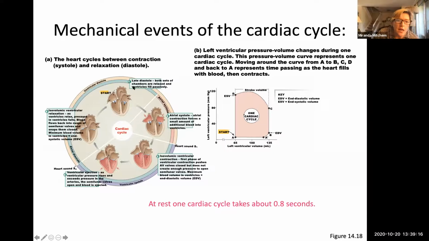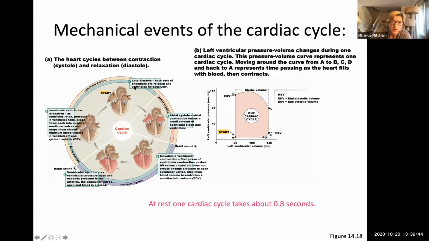So let's start at stage 1. We're going through one complete cardiac cycle here. At stage 1, everything's relaxed. The ventricles are going to just fill, and that happens passively as the blood is put into the atria. It will flow down to the ventricle.